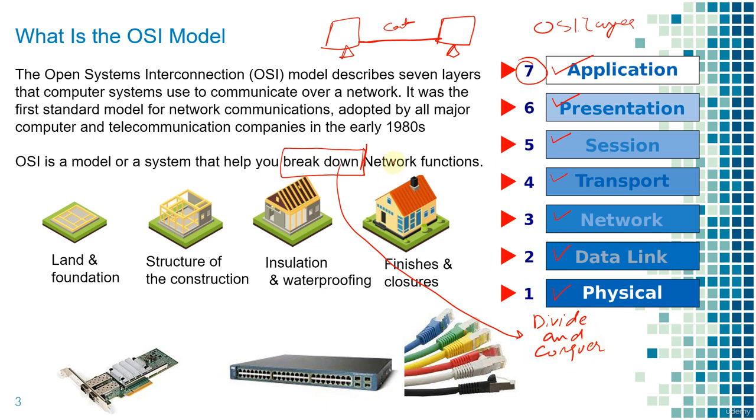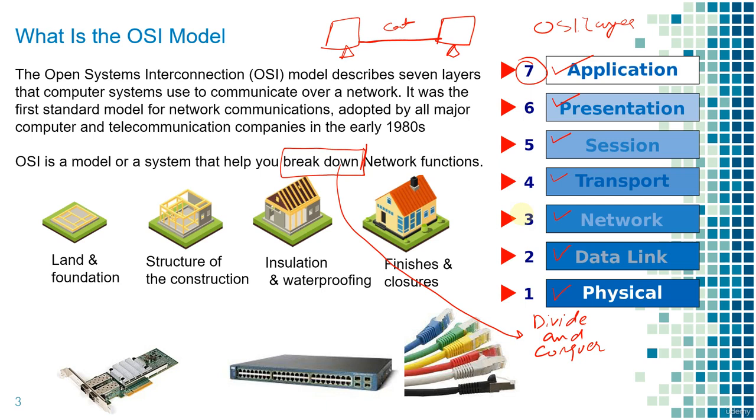So basically, instead of having one big layer, you would end up achieving nothing. What they did was break this one layer down into multiple layers. If they wanted, they could have had a single layer.